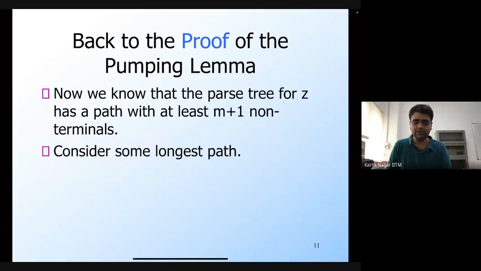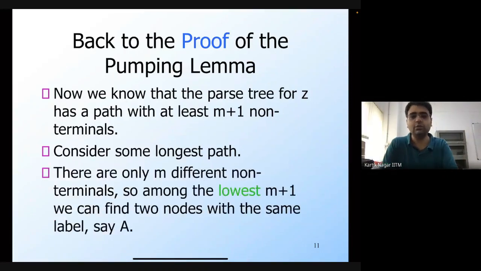If we consider some longest path, since there are only m different non-terminals, then among the lowest m plus 1 non-terminals we can find 2 nodes which have the same label, so let's say A. The longest path from the root node to one of the leaf nodes has length at least m plus 2, and it has at least m plus 1 non-terminals. So I consider the lowest m plus 1 nodes on this path. Since there are only m non-terminals, some non-terminal is going to be repeated on this path.